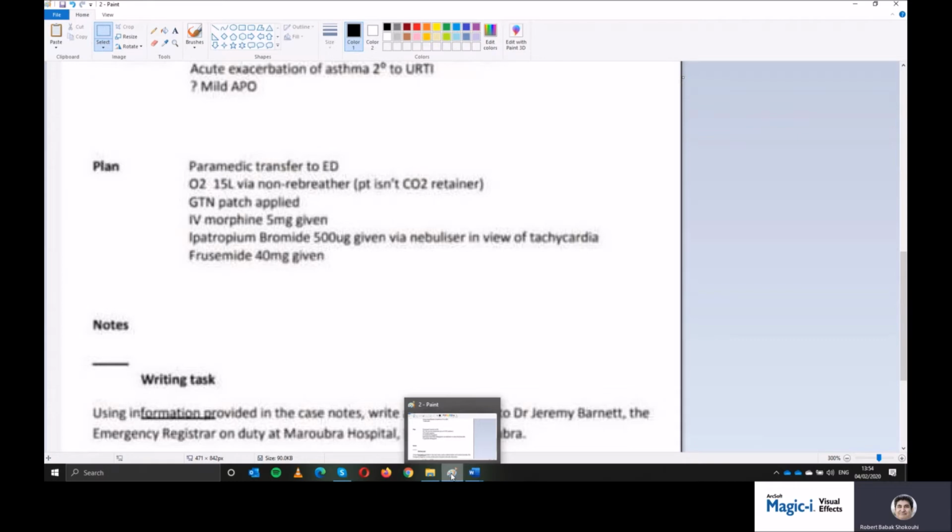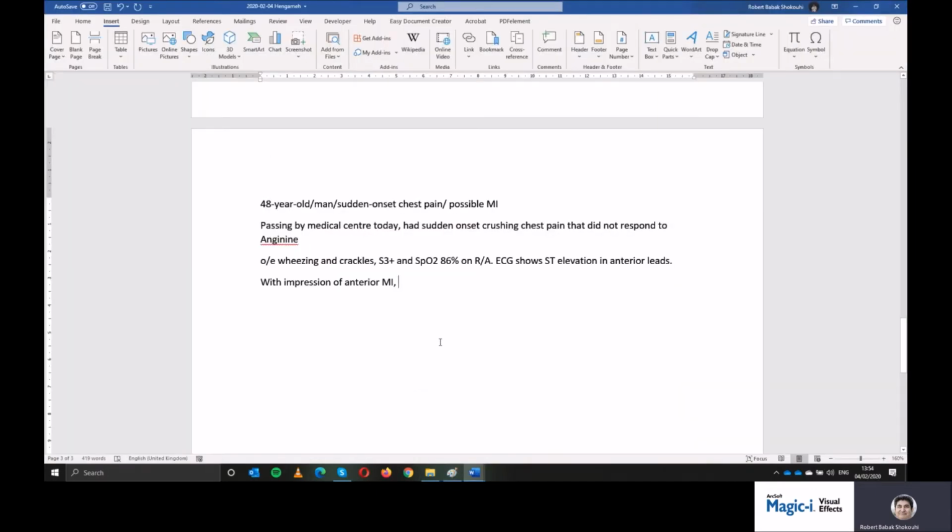With the impression of anterior MI, possibly in the background of asthma and URTI, he was started on O2.